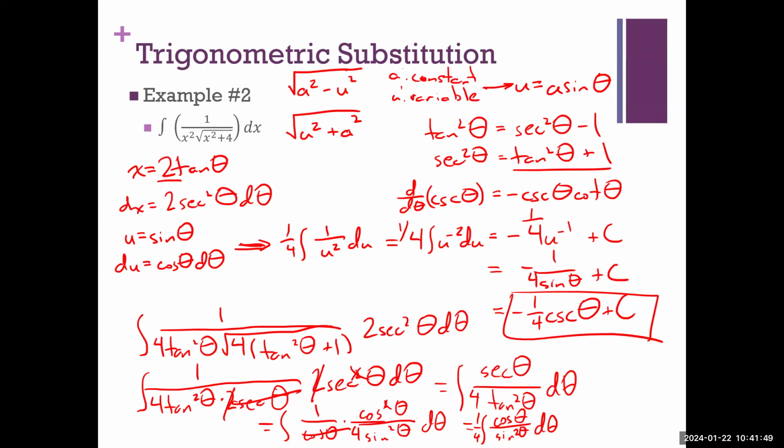But how did you go from the 1/4 sine theta to cosine theta? 1 over sine theta is the definition of cosecant theta. And I want to point this out: even though I boxed the last one I did, I don't have any problem with the one above it. Those are exactly equivalent. What else?